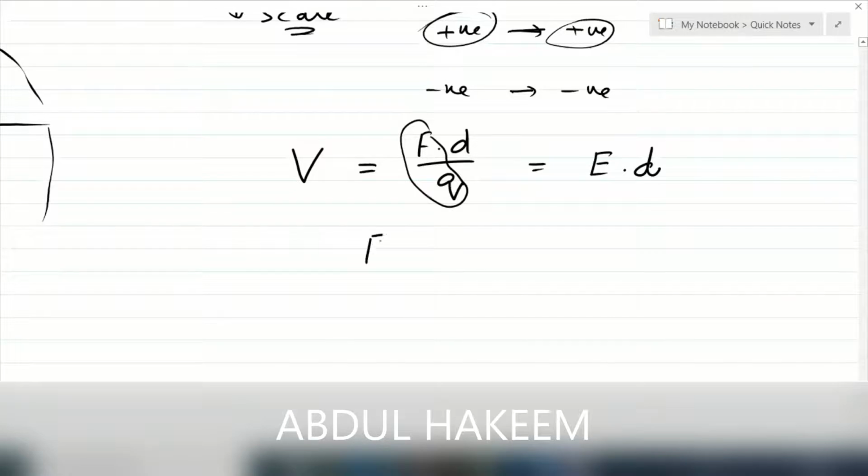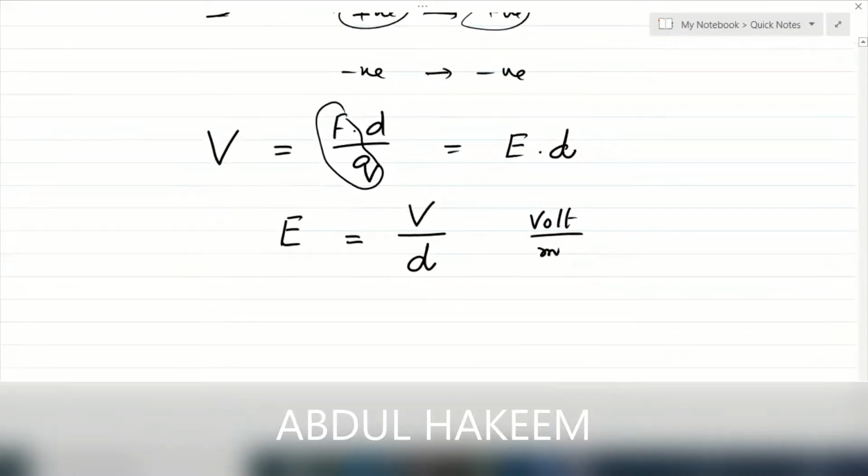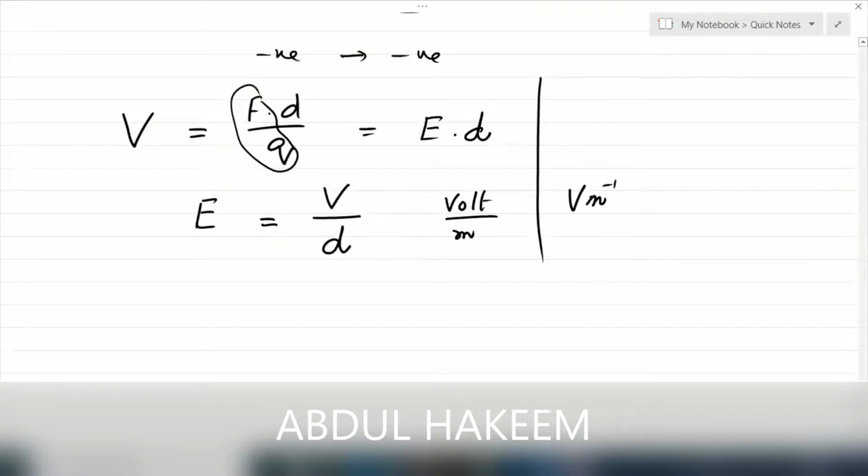Hence, E electric field strength is also equal to electric potential divided by D. E is equal to V divided by D. So V is measured in volt, D distance in meter. So there is another SI unit for E, volt per meter. So there are two SI units for E. One is the Newton per coulomb, and the other is volt per meter.